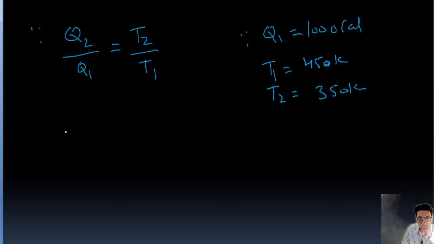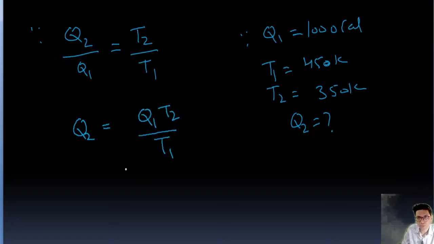It's a formula based question. So Q2 is going to be Q1 times T2 upon T1, right? So this is going to be 1000 into T2.